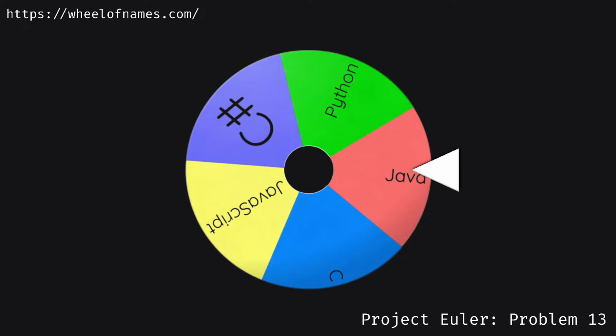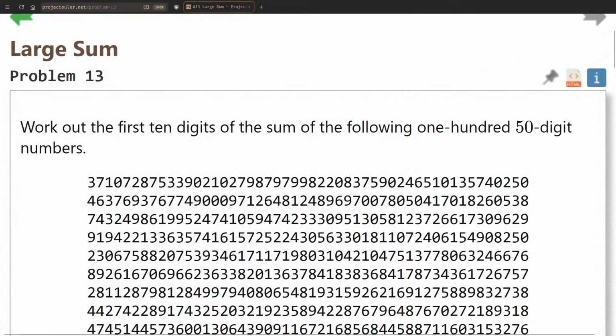Alright, Java's great. Let's make a new Java file. In VS Code. And it's going to be problem13.java. And I'm going to have to type out all of that boring boilerplate, which we all love.